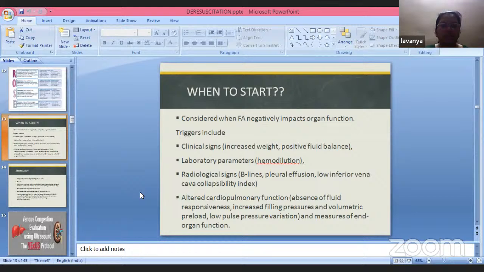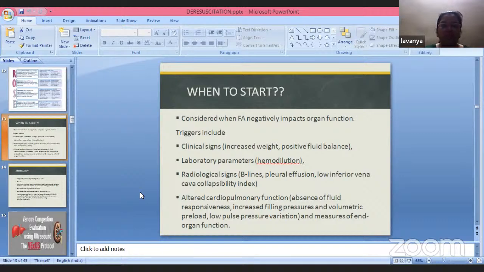It can include a clinical sign, laboratory parameter, radiological sign, and altered cardiopulmonary function in terms of filling pressures and volumetric preload and low pulse pressure variation, which I have already mentioned.